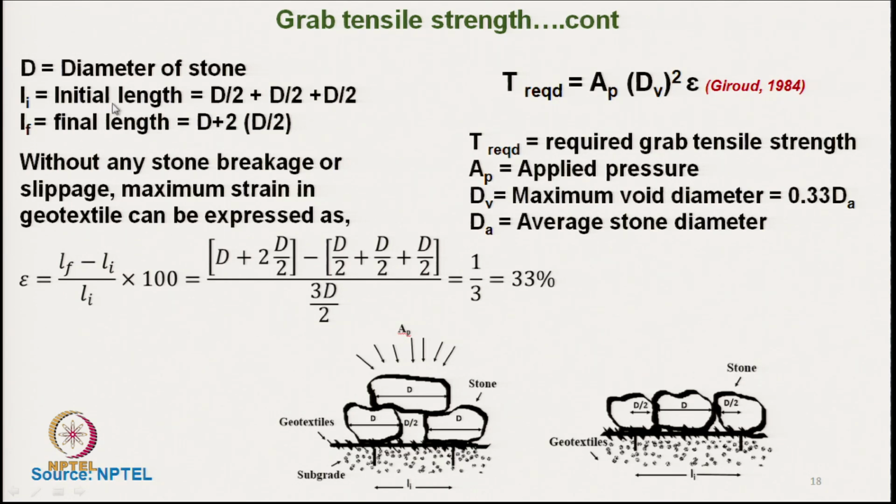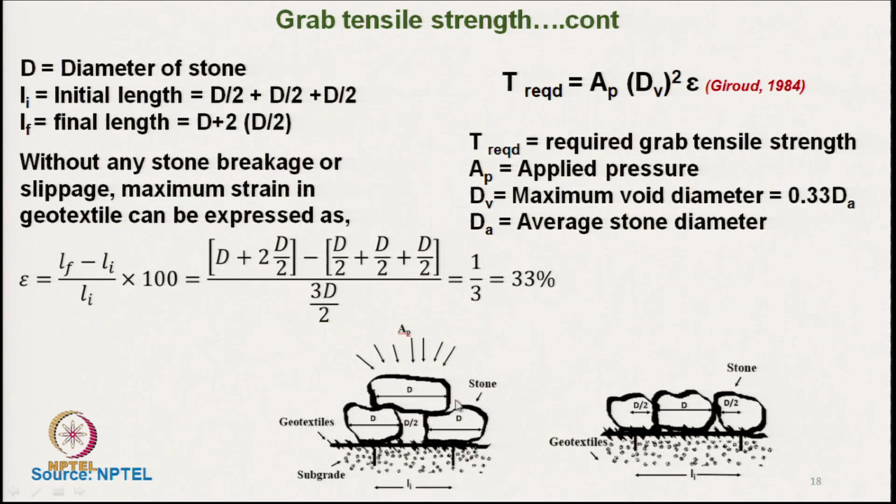So, if we see the diameter of stone D, let us say it is an average diameter, all the stones have this diameter D, and it is assumed that the space between the lower two stones is D by 2. So, the total initial length is D by 2, D by 2 and D by 2, from this point to this point.